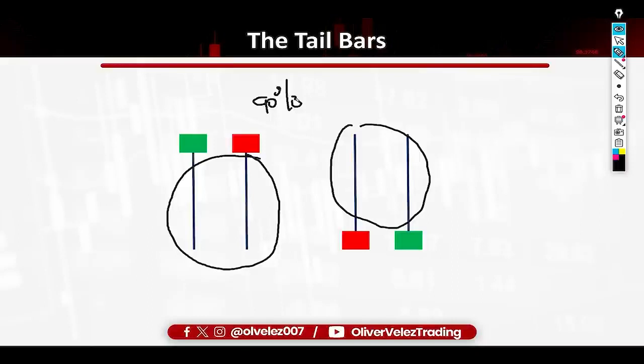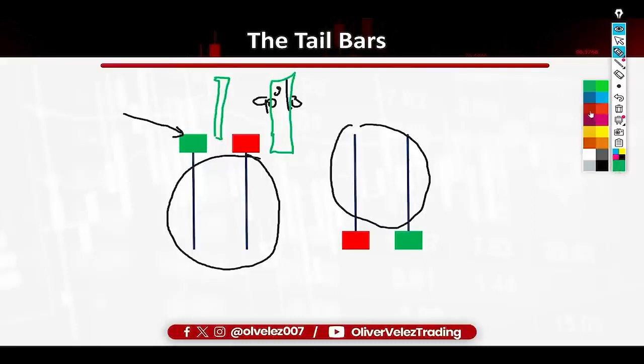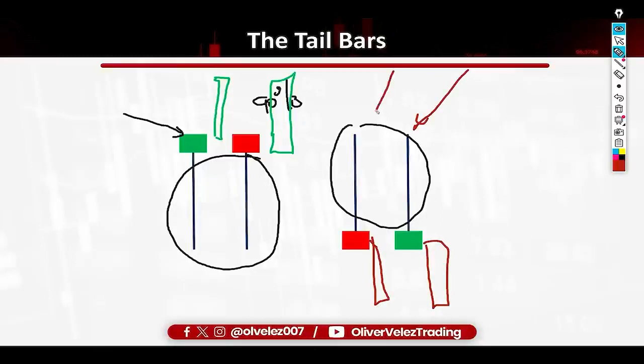But dual and beyond, these things have a 90% follow through rate, which basically means if you are in somewhere close to the end of the formation of that tail bar, you have a 90% chance of going home with money, 90% chance of more upside to come. 9 times out of every 10, you get follow through to the upside, and 9 times out of every 10 tries, you get more downside if you have dual back-to-back tail bars. That's how reliable they are.